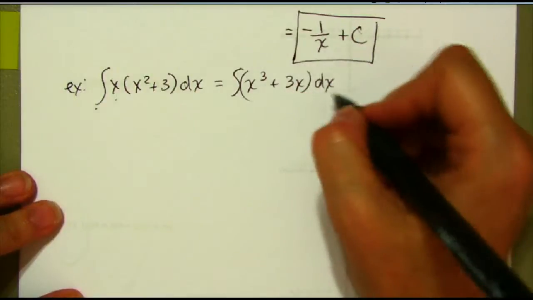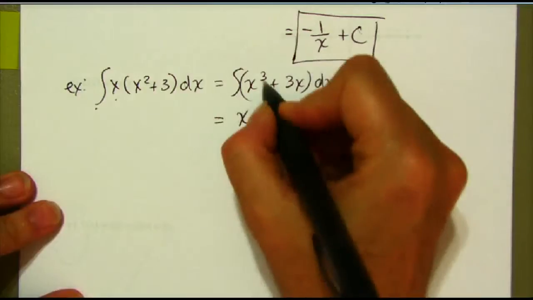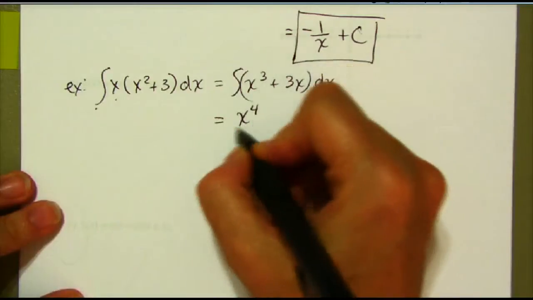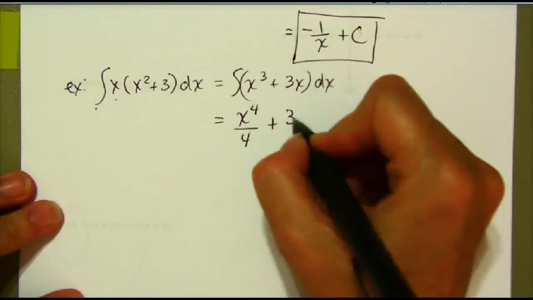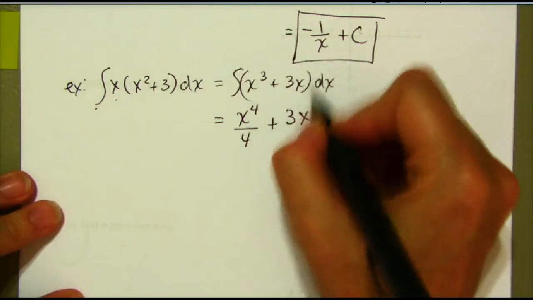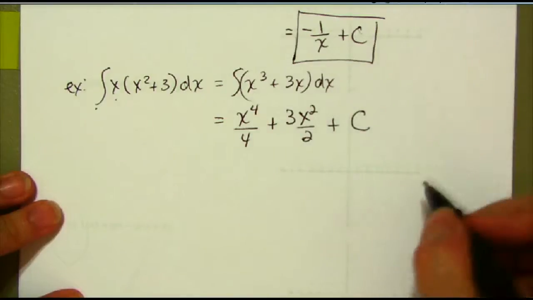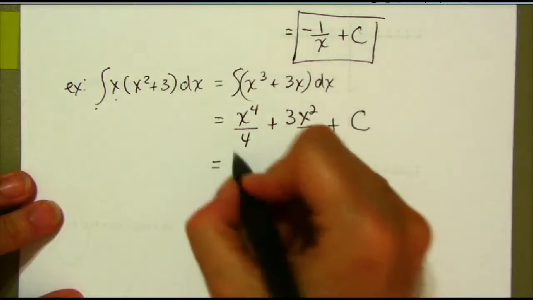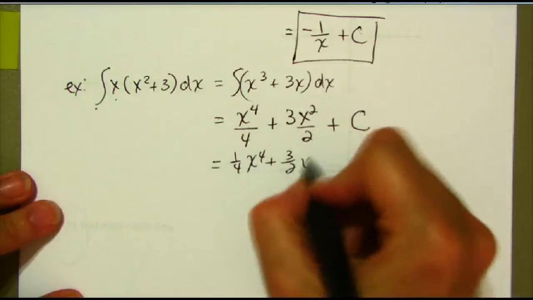Now I'm going to go ahead and take the antiderivative of this. So I'm going to write down that x, increase that by 1, divide by that. Just leave the 3 there, take my x, increase that by 1, divide by that, plus my constant of integration. Now I'm just simplifying this.